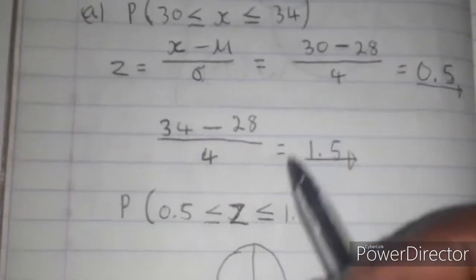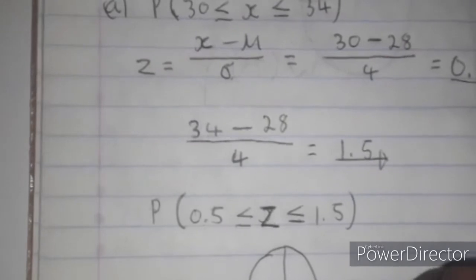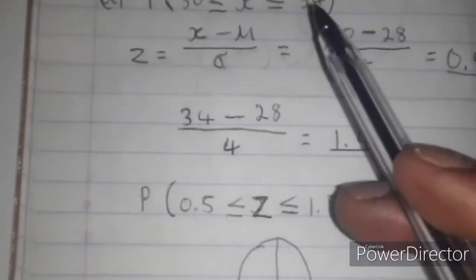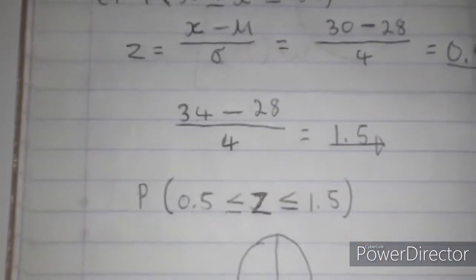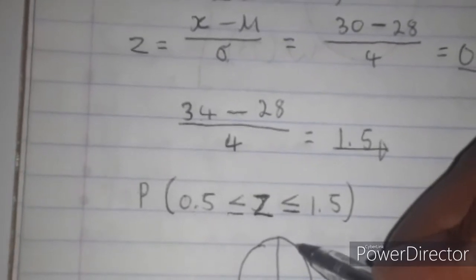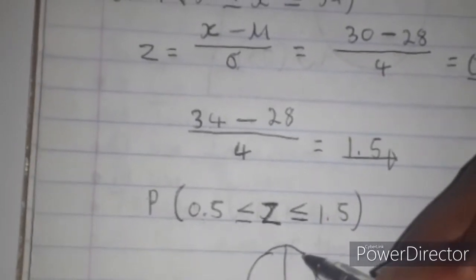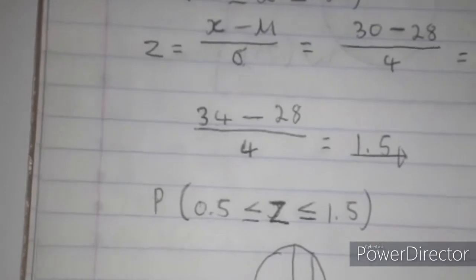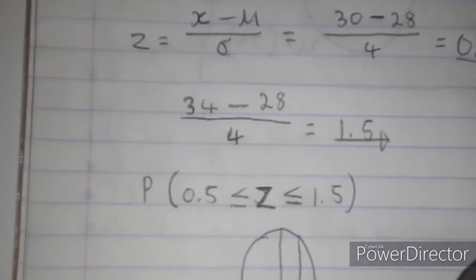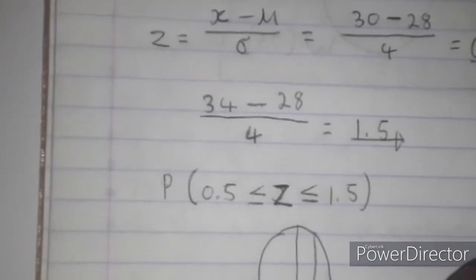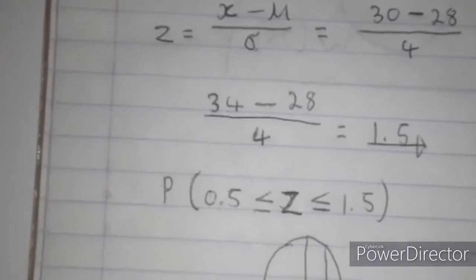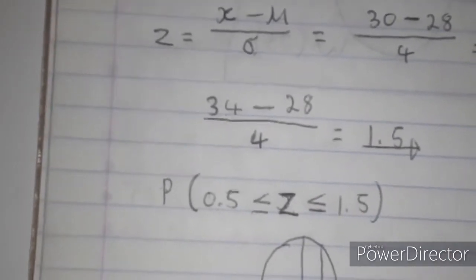The mean is 28, so in the middle is 28. 0.5 is positive, so we can estimate 30. Maybe 30 is here, somewhere here. Then maybe 34 is here.